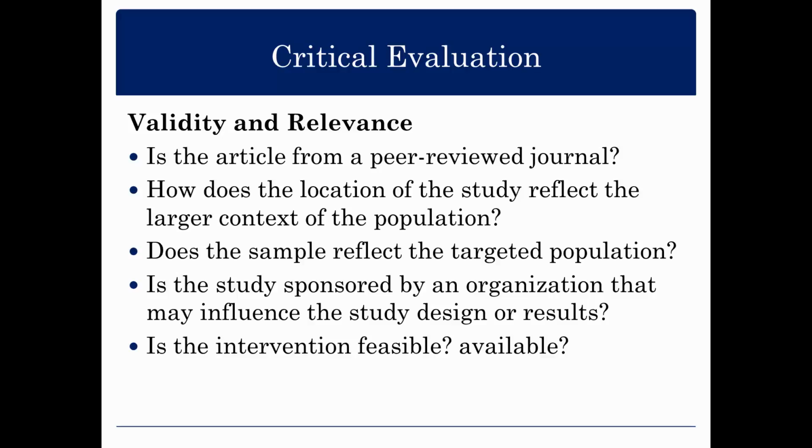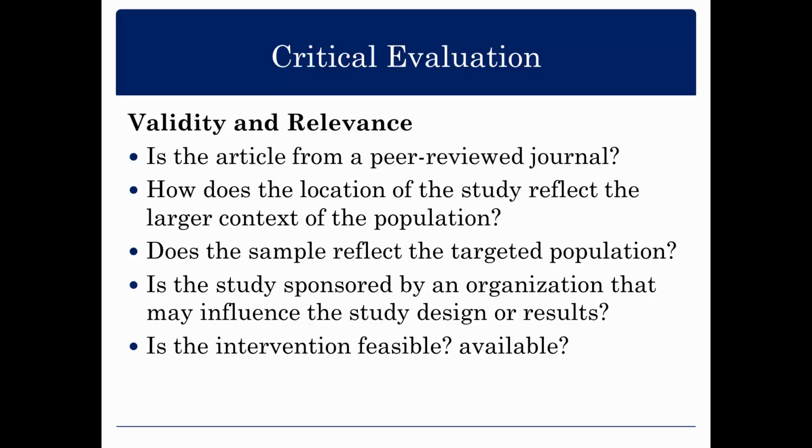When you're evaluating an article, there are ways of looking at its validity and relevance. You can first determine the quality of the journal that the publication came from, that it was submitted to and ultimately accepted from. Some journals have a much more rigorous peer review process than others.